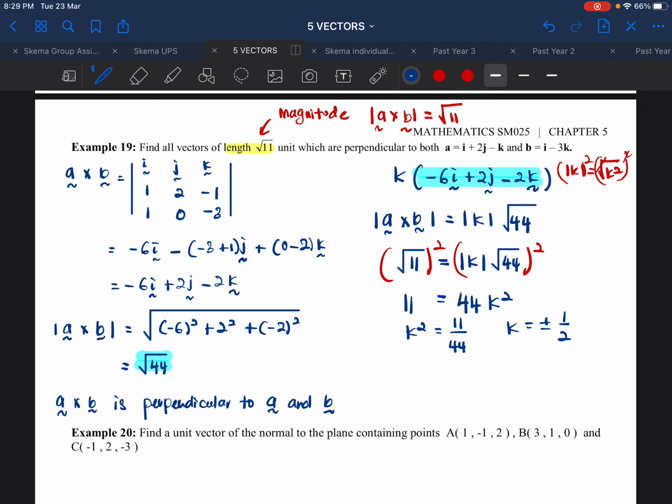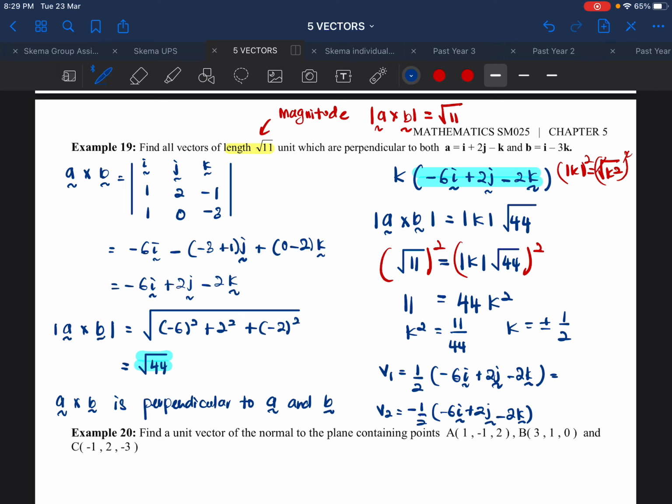Okay, so sekarang ingat kita nak cari vektor kita. Inilah vektor kita. So kita dah ada K, so kita boleh masukkan K kita kat sini. So let's say kita ada V1 kita equals to positive 1 over 2 (negative 6i plus 2j minus 2k), and the second one kita ada V2 equals to negative 1 over 2 (negative 6i plus 2j minus 2k).